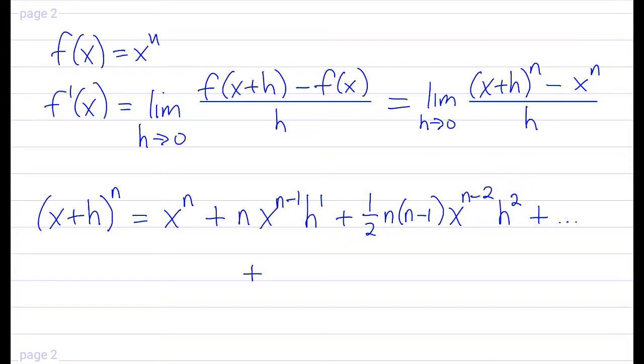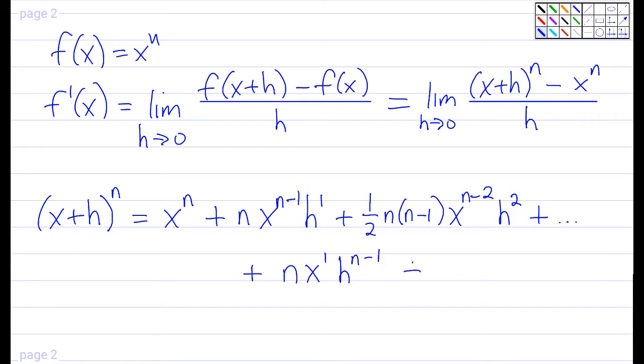So eventually I'm going to end up with n x to the 1, h to the n minus 1, and our final term, h to the n. This whole thing comes from what we call the binomial theorem. And we're going to need it because we need to substitute x plus h to the n in our definition of the derivative.